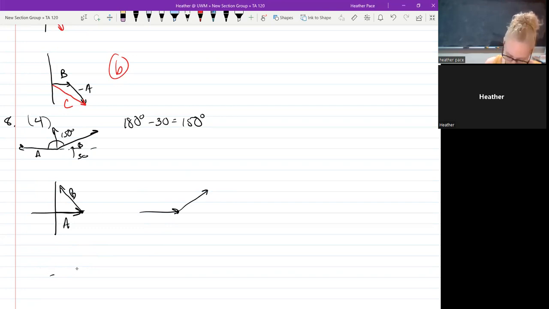And 5, A, B, this is adding A to B. So the only ones that could potentially give us an answer where we're adding A to B would be 5, would be 1, and would be 2. Well, we already said if we're looking at the angle between A and B is 30, that only 1 and 3 can be the correct answer. So if 3 can't be the addition between A and B, 1 must be the correct answer.